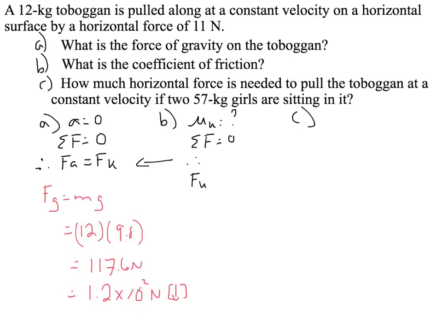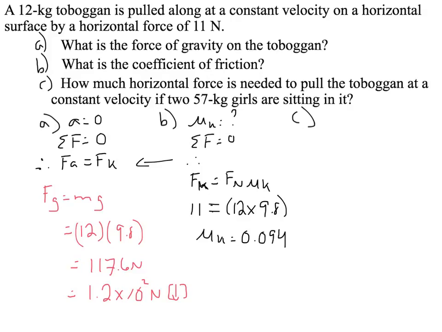So Fk, or kinetic friction, is going to equal Fn times mu k. 11 newtons equals 12 times 9.8 times mu k. We solve for mu k, and we get 0.094.